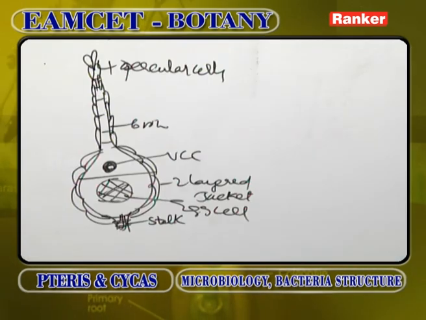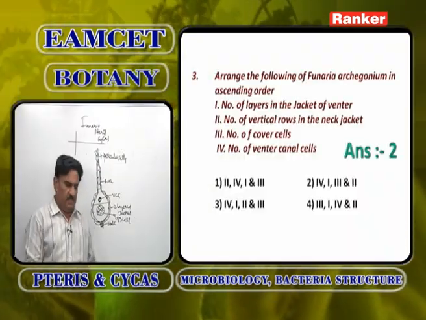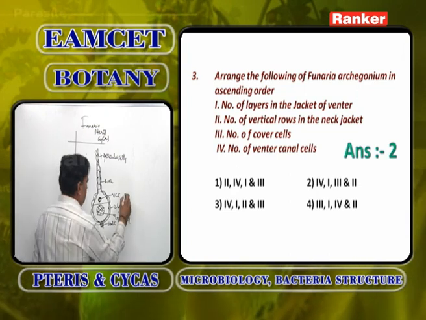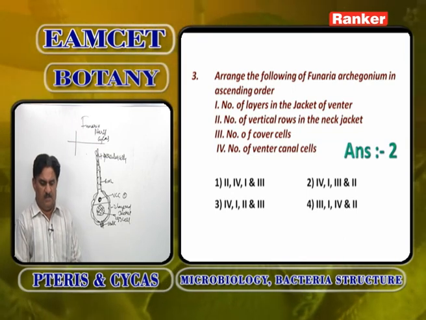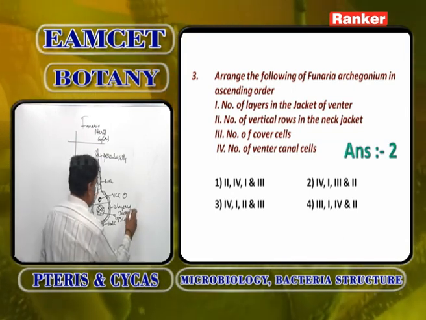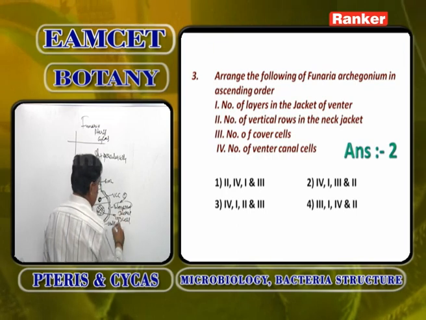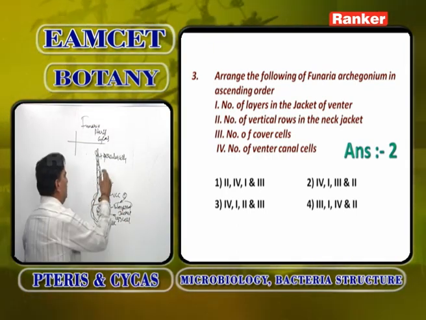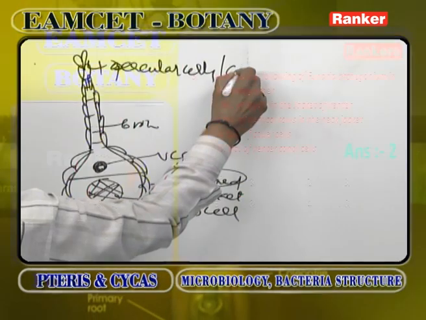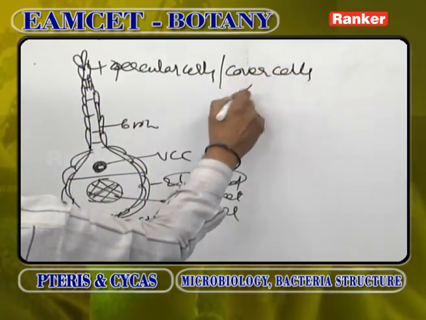So here the answer is 2. First comes number of venter canal cells. Number of venter canal cell is only 1. Then number of layers in the jacket of venter is a 2-layered jacket. So 1 and 2. Then number of cover cells, or opercular cells, will be 4.